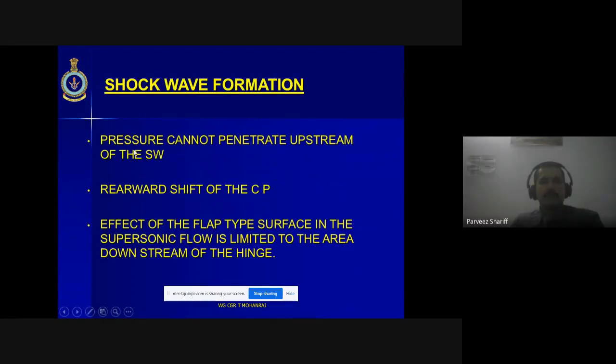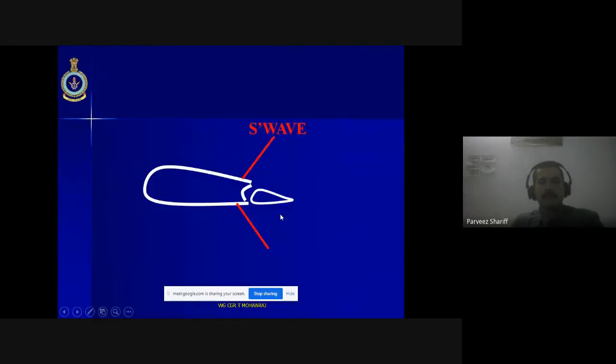With shock wave formation, the pressure cannot penetrate upstream of the surface, and there is a rearward shift of the CP, the center of pressure, and the effect of flap-type surfaces in supersonic flow is limited to the area downstream of the wing surface.